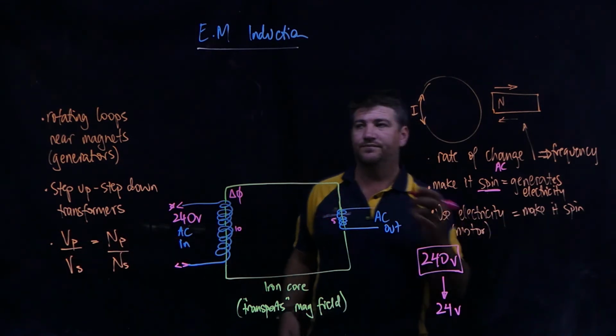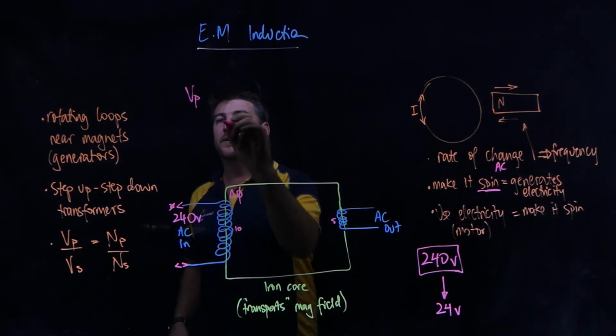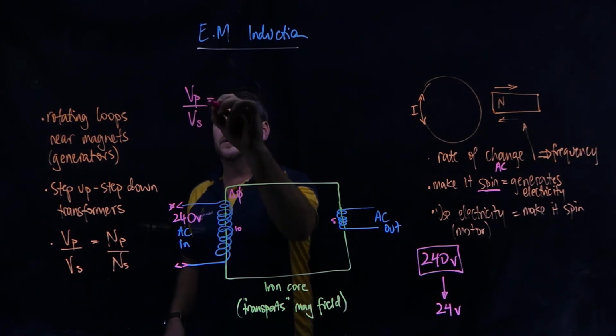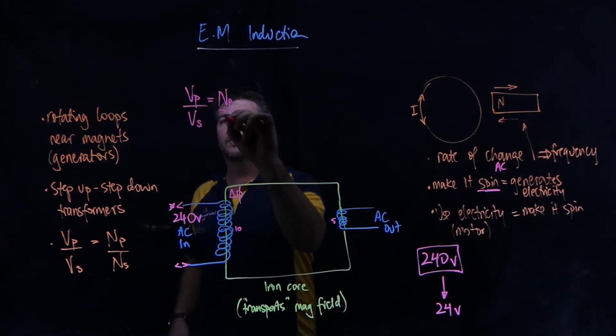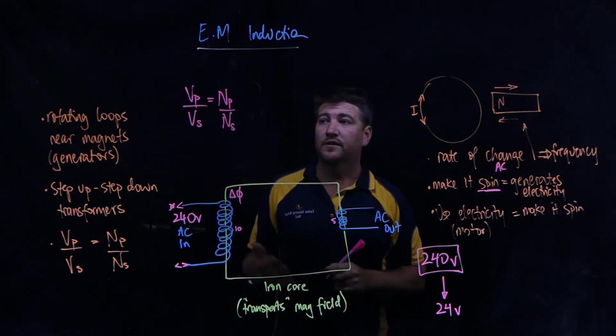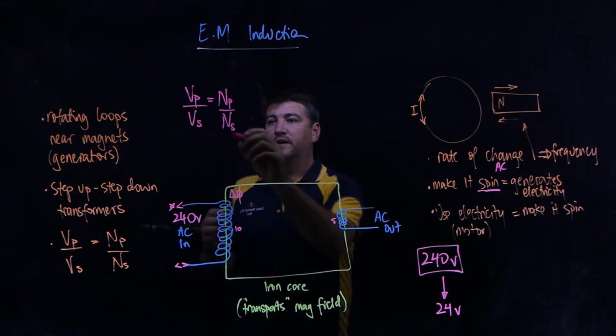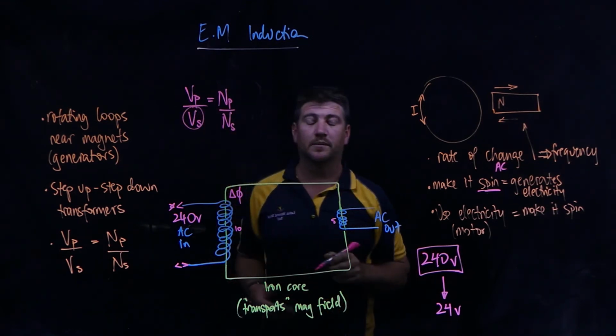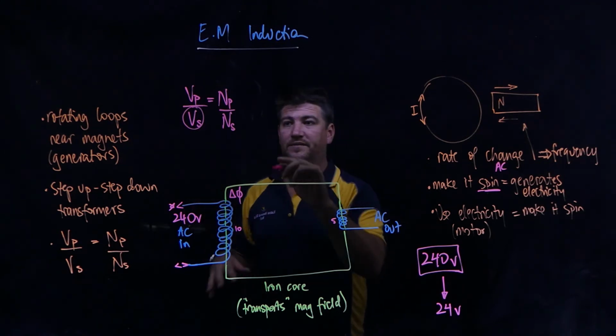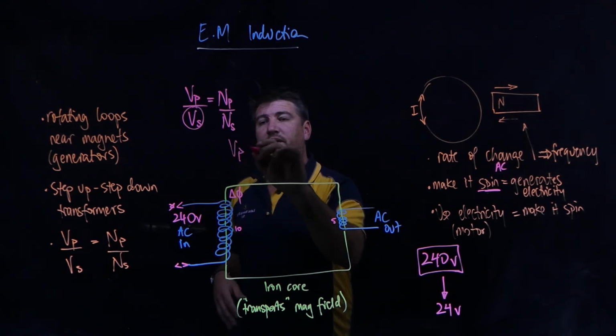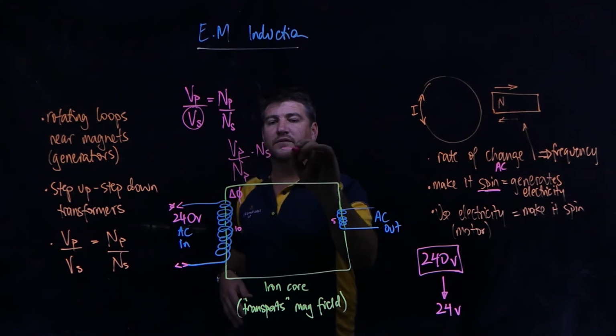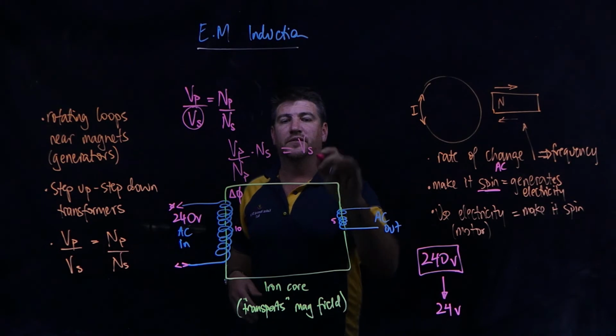So now what we're going to do is go and use this equation. The voltage on the primary over the voltage on the secondary is the number of turns on the primary compared to the secondary. I'm trying to find out what this guy's going to be. So let's do the maths now. Voltage primary over number of turns on the primary times the number of turns on the secondary is the voltage on the secondary.